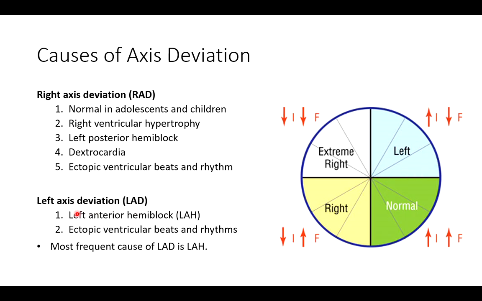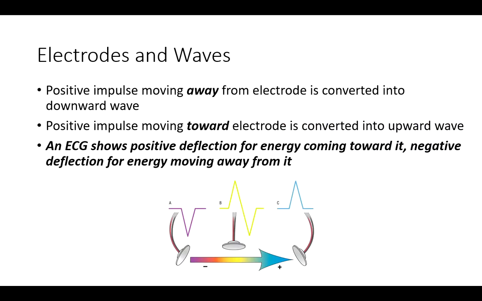So that would be an example of why we might have left axis deviation, or if there are ectopic ventricular beats generating from somewhere on this left side, that could be a problem as well. One of the more common causes of left axis deviation is left anterior hemiblock. Okay, that tends to be one of the more common reasons, as opposed to the ectopic ventricular beats. Ectopic meaning coming from outside of the normal conduction pathway.